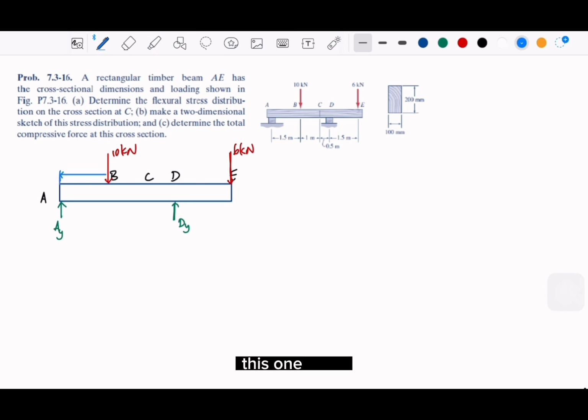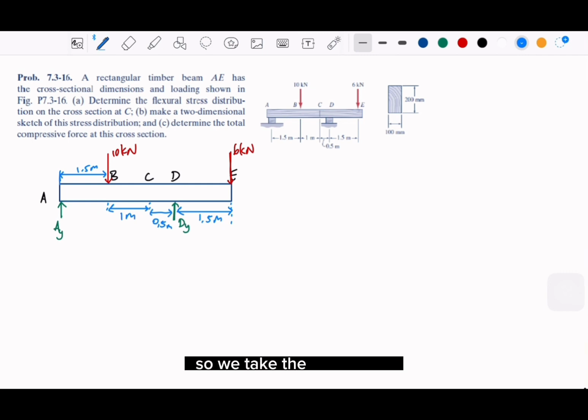This one is 1.5 meter. This one is 1 meter. And this one is 0.5 meter. And then the last one is this, 1.5 meter.